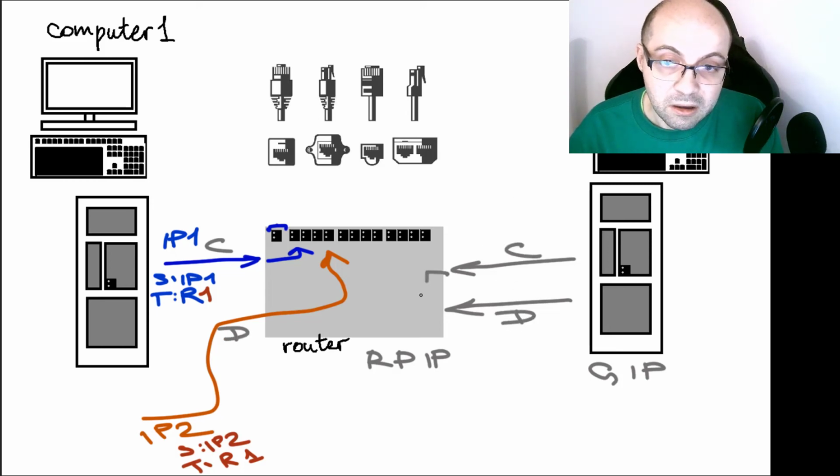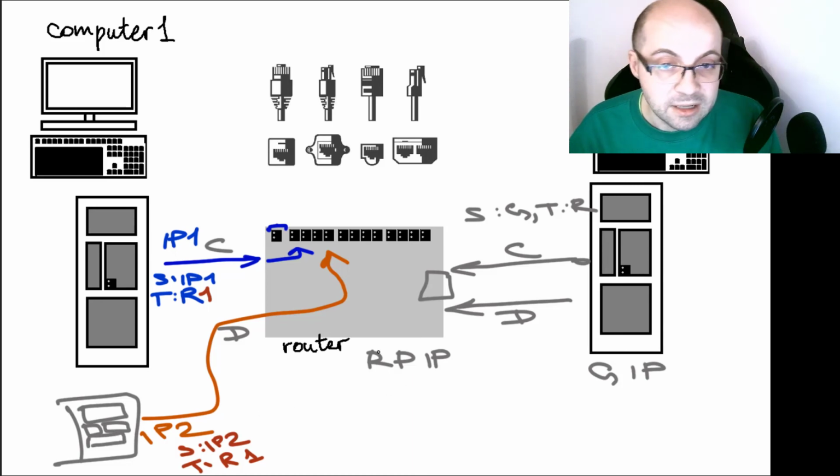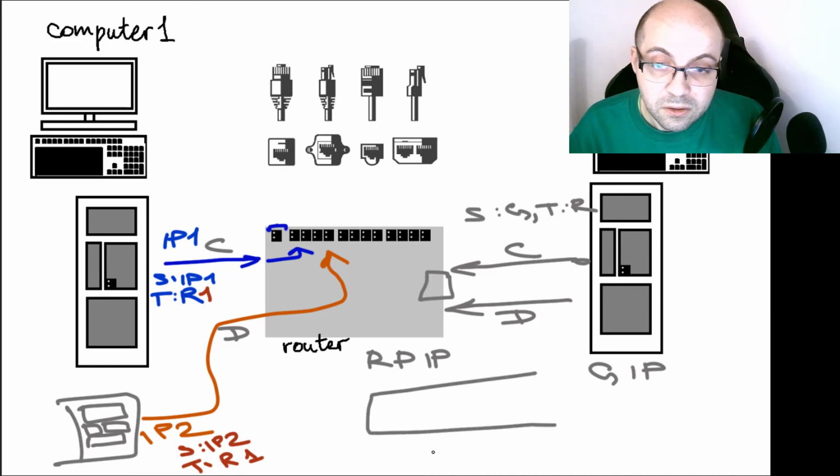Because both packets come with the same source IP, which is Google, and target IP, which is the router, right? Because Google has no idea about your private network, about your computers inside. It wouldn't be able to know them, otherwise it would defeat the purpose of the network, subnet. So it's clearly not enough to get this packet back and simply read IP.